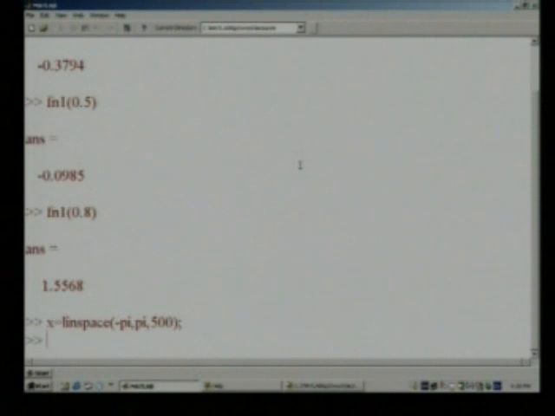Now I want to plot the function. I shall take x equal to linspace from minus pi, as I said, pi is a variable which is already there, with some 500 points. Then y is equal to fn1 of x.